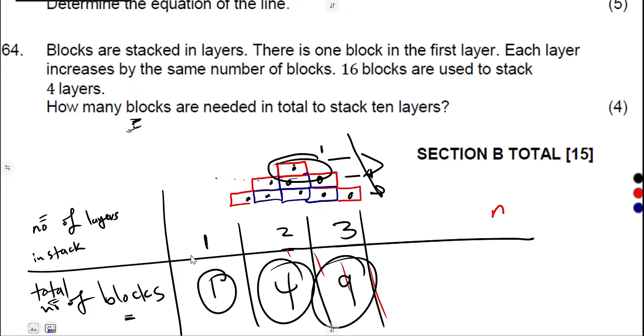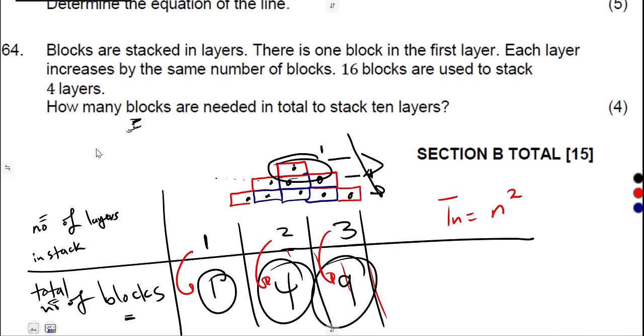Guys, we can see this is 1 squared, 2 squared, 3 squared, 4 squared, and so on. So if the input is n, the output will be n squared. What is on the input has been squared. They are perfect squares on our output as a result of the squares of the input.